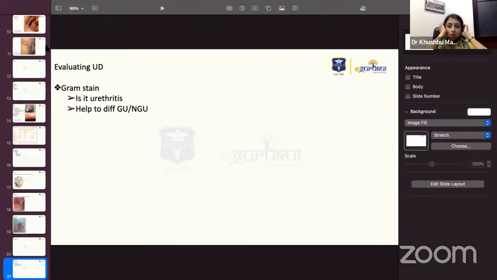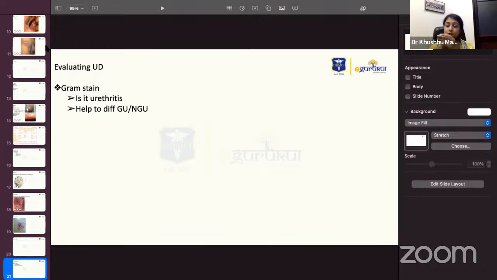Okay, so now coming back, so less constitutional symptoms, hardly any urinary symptoms, and now the discharge here is scanty. It is watery, scanty, watery looking discharge. So there is no profuseness, there is no yellowness, so it's scanty, very watery discharge, which is present in non-gonococcal urethritis. So depending on what the kind of discharge is, you will be able to differentiate.